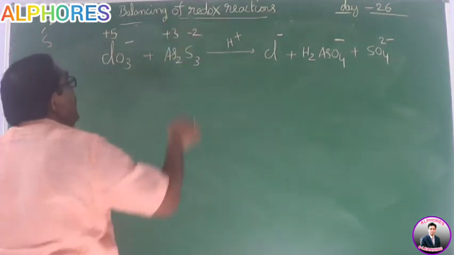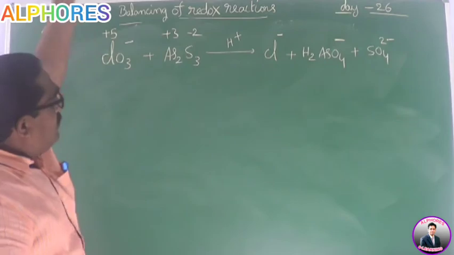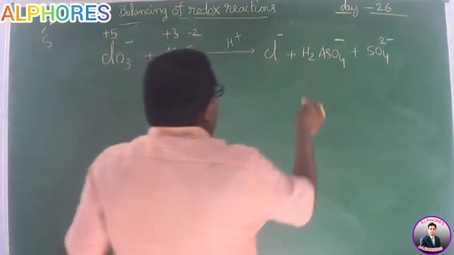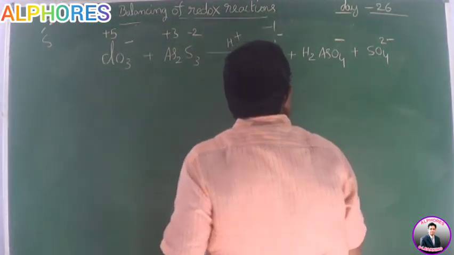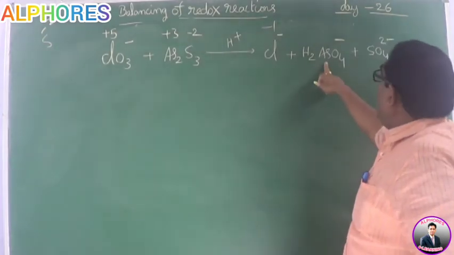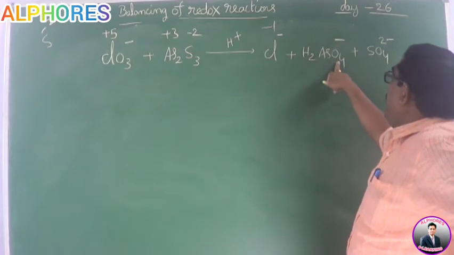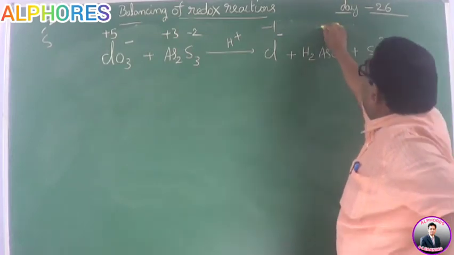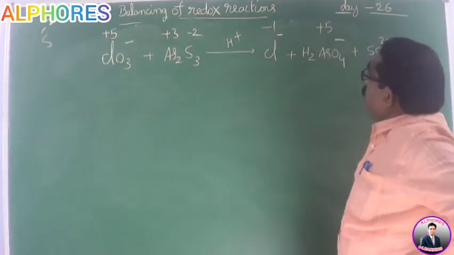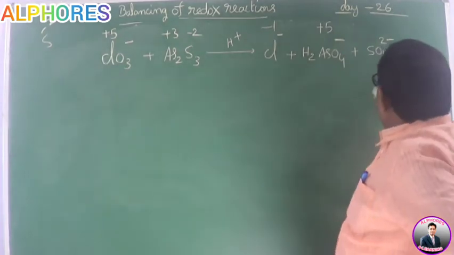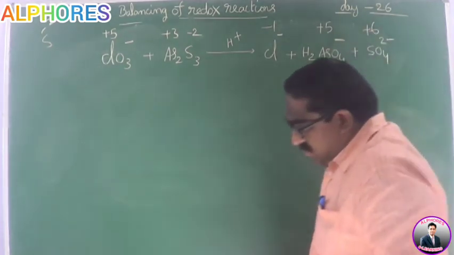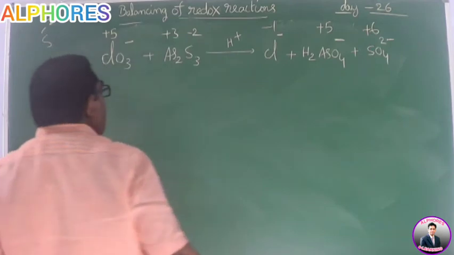And for arsenic, 2x minus 6 equals 0, so arsenic is plus 3. Chlorine is minus 1. Here for arsenic, x minus 8 minus 6 equals minus 1, so arsenic is oxidized to plus 5. Sulfur here, in the familiar sulfate ion, is plus 6.